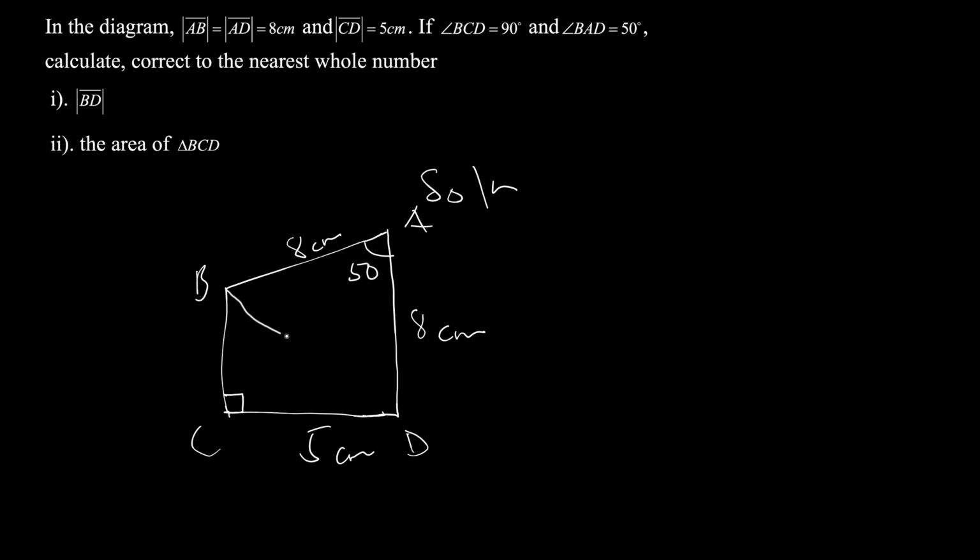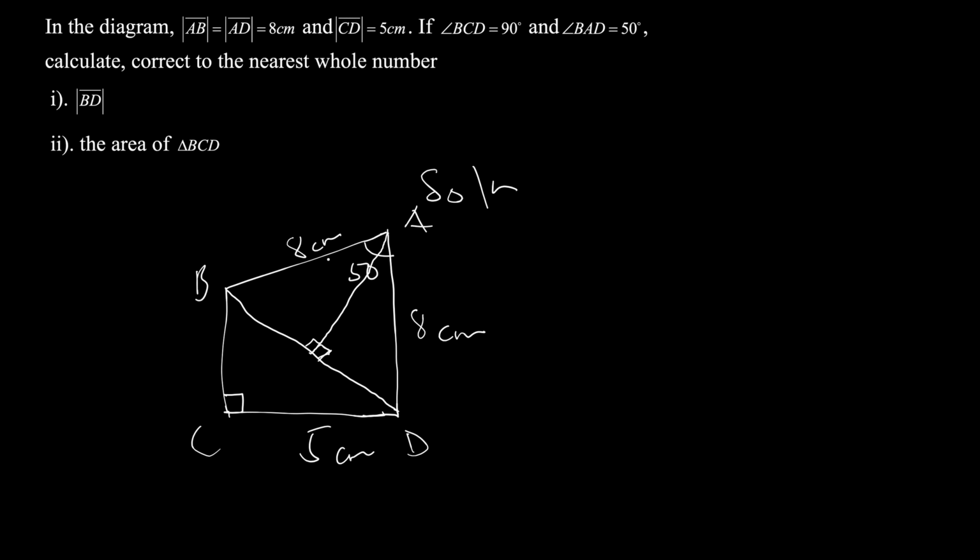So we can draw this. Then again, we can draw the perpendicular bisector of this angle to touch this. So this gives us two right angle triangles.